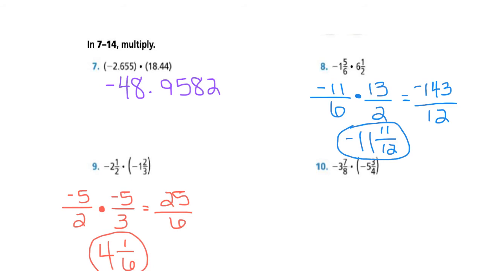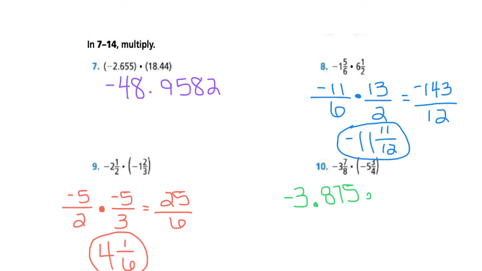Number 10. -3 7/8 times -5 3/4. You know what? 8s and 4s terminate. So let's turn this into a decimal. -3 7/8. -3 is my whole number, so it's going to go to the left of my decimal, and I'm going to divide 7/8. 7 divided by 8 is 0.875.